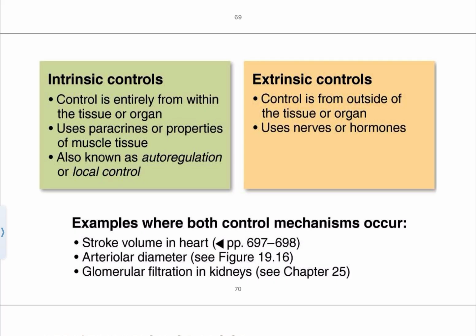We already talked about how this is also referred to as autoregulation or local control. Extrinsic controls, we're talking about control from outside of the tissue or organ. And what we use is nerves or hormones, which are a part of our endocrine system, in order to control the tissue perfusion to these different organs.